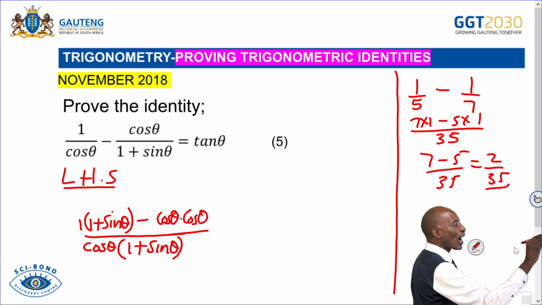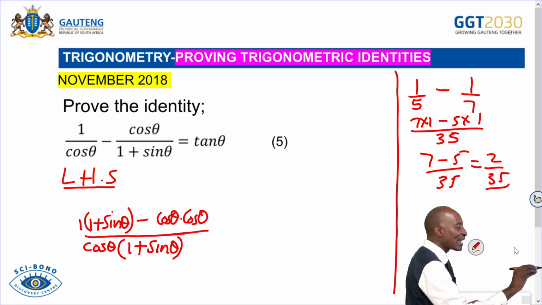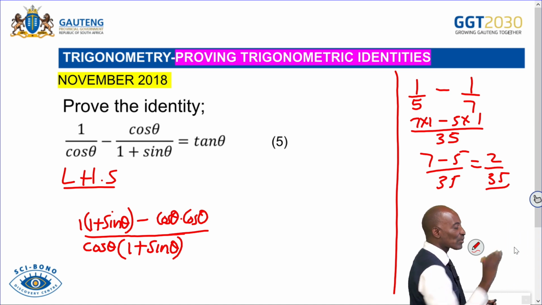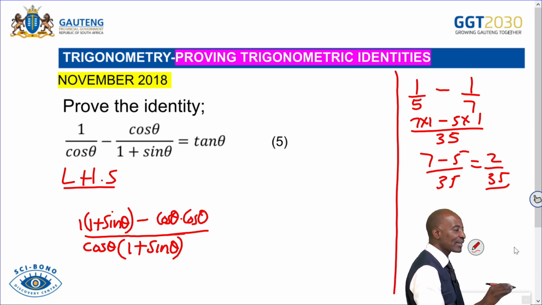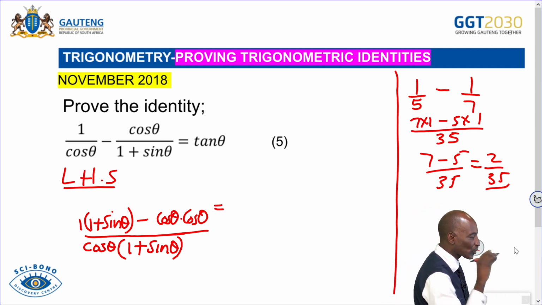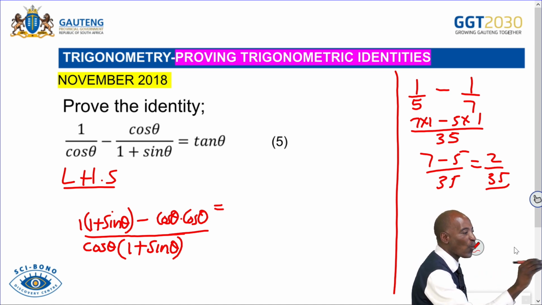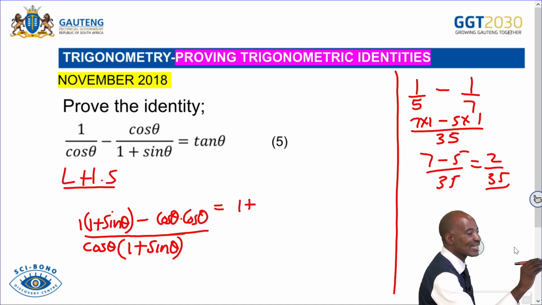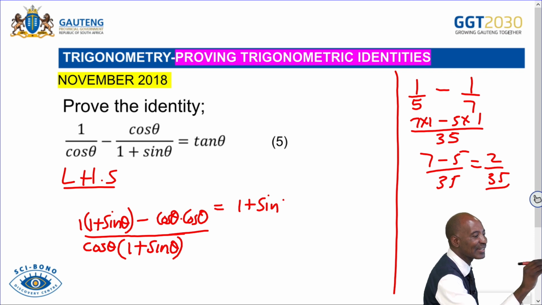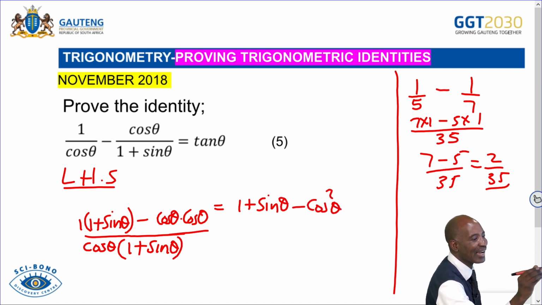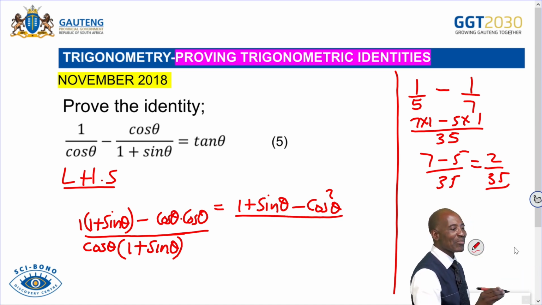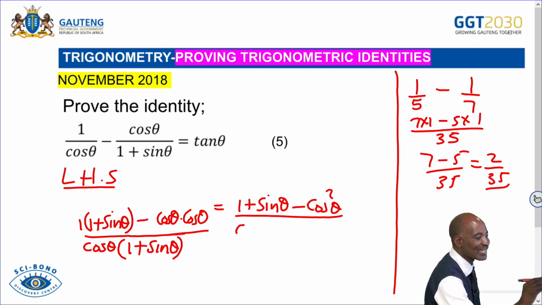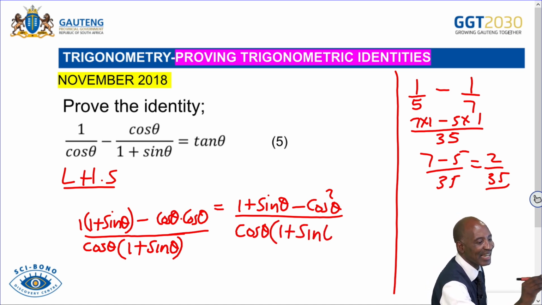Then you simplify. You proceed. What do we have? We have 1 plus sine theta for the numerator minus cos squared theta, divided by cos theta times 1 plus sine theta.